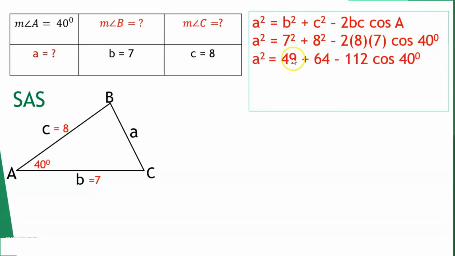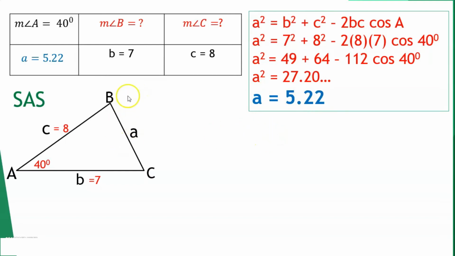Simplifying, 49 plus 64 minus 112 cosine 40 degrees. Making use of your calculator, that's 49 plus 64 minus 112 cosine 40, we will get this. Getting the square root of both sides, the value for a is 5.22.